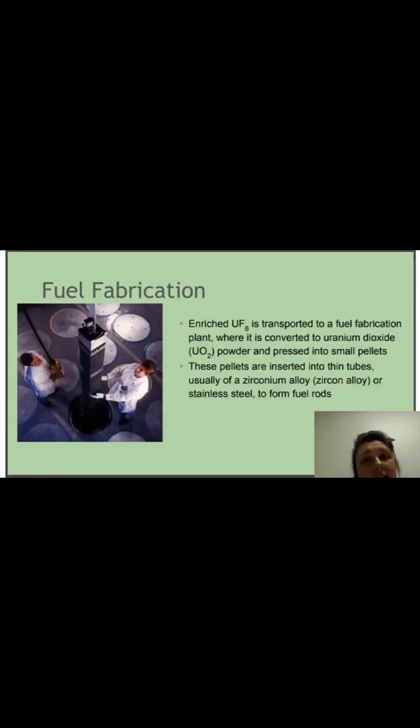The reason it gets loaded into that sort of material is because a zircon alloyed or stainless steel shaft that is a hollow tube will allow neutrons to flow freely through it. That means that a tube sitting next to another tube will allow a neutron to pass through the material from one tube to the next, so that I can create another chain reaction on the other side. So I can have actions going from pellet to pellet within the pellet itself, and from one pellet to the adjacent pellet through the tube material.